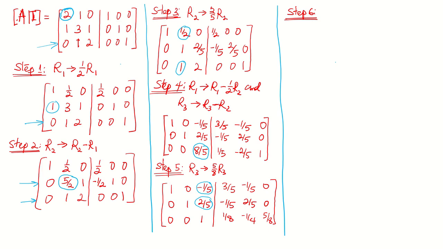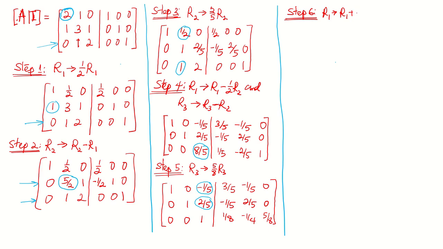What I'm going to do for row 1, I will replace it. I will perform row 1 plus 1 over 5 row 3.